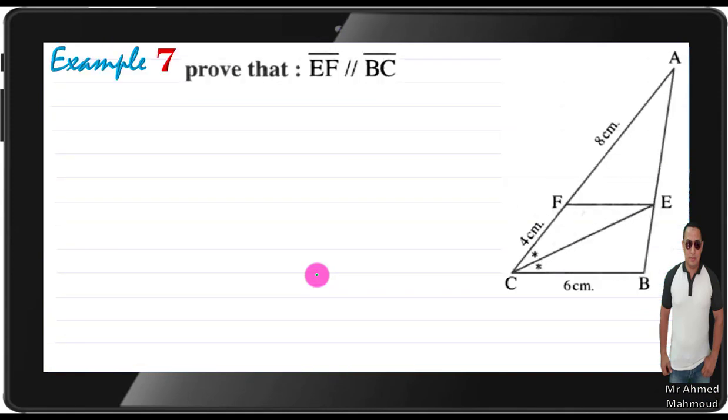Okay, now prove that EF is parallel to BC.